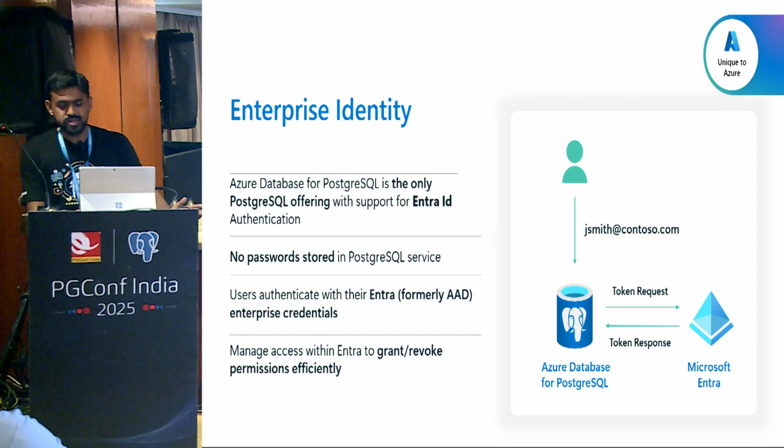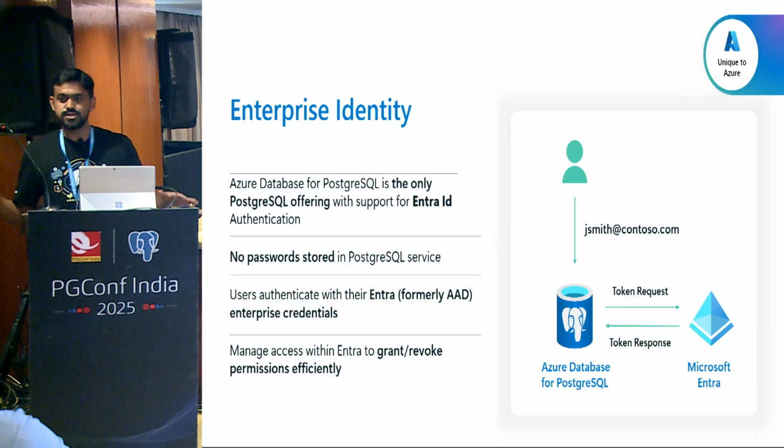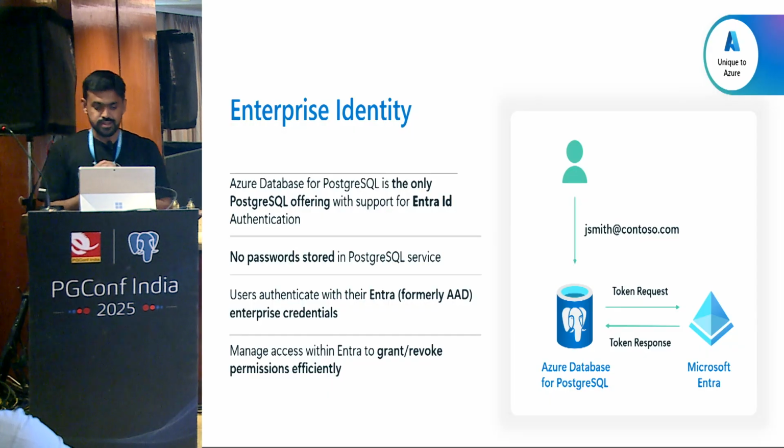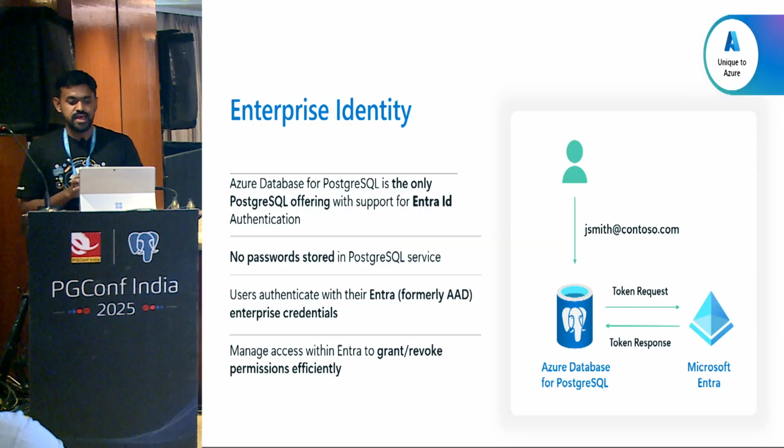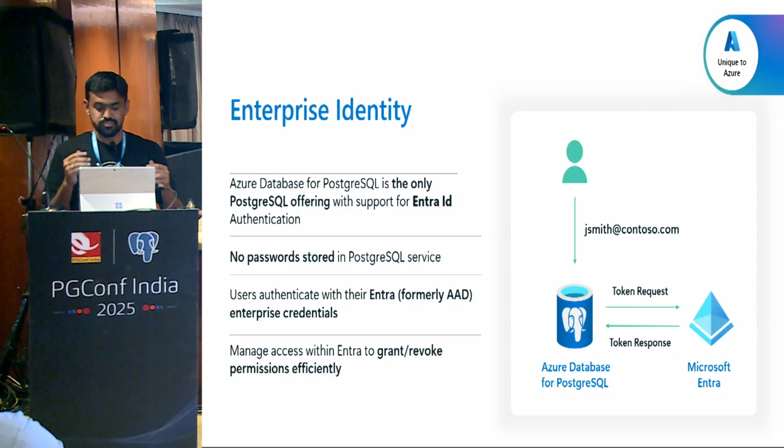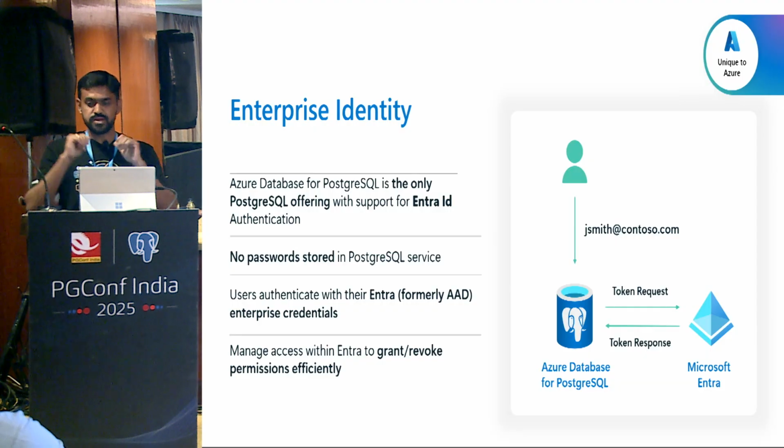So what is Entra ID? It's a cloud-based identity that links all the Microsoft services together. Before, it used to be called Azure Active Directory, but now I think it's renamed to Microsoft Entra ID. Basically, you have an enterprise account, and it's a managed authentication service.